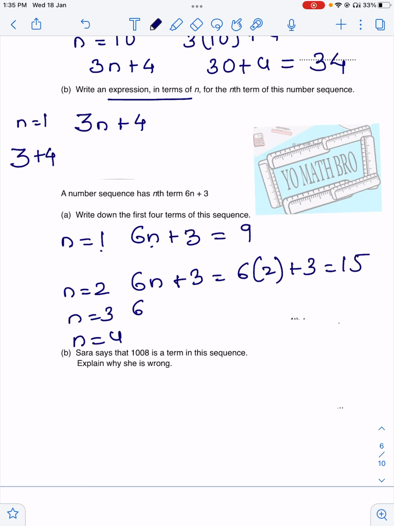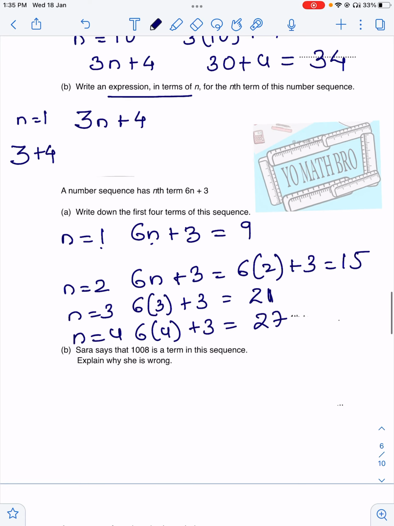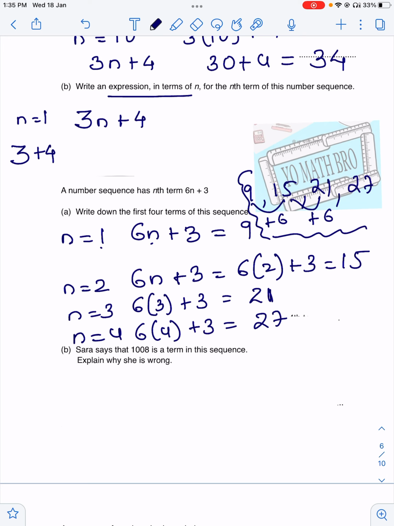For the third one, I substitute n as 3. 6 threes are 18 plus 3, 21. And the fourth term, 6 fours are 24 plus 3, 27. So I get the numbers 9, 15, 21 and 27. If you see, the difference is plus 6. Remember.